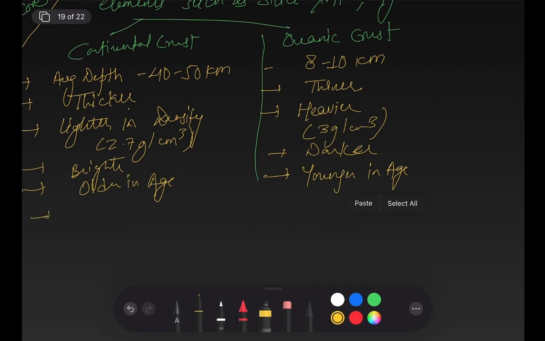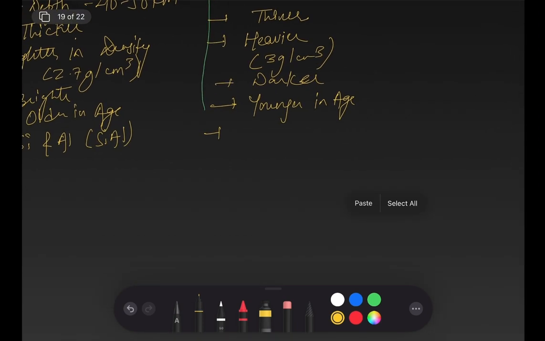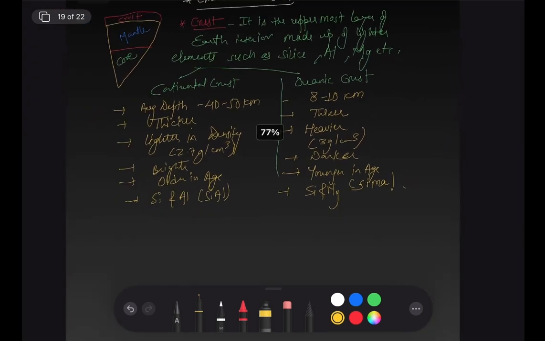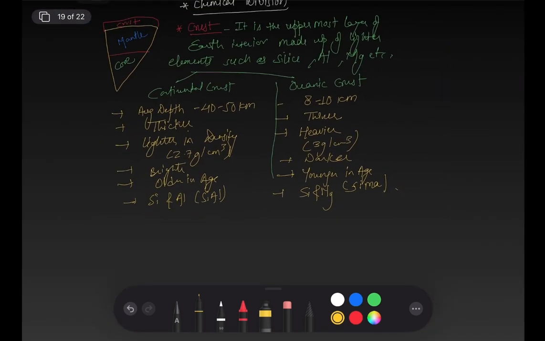Continental crust is mainly made up of silica and aluminium, so it is also called Sial, while oceanic crust is made up of silica and magnesium, so this is known as Sima. So this is the differentiation between oceanic crust and continental crust.